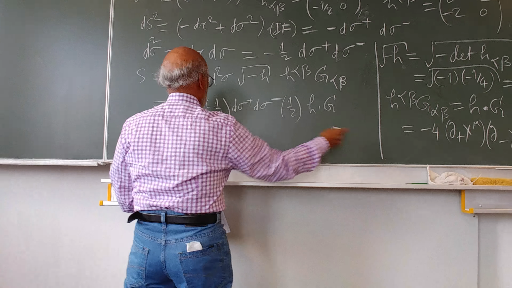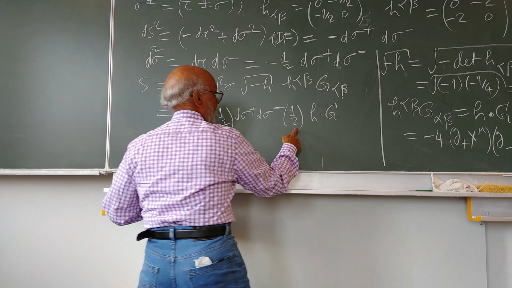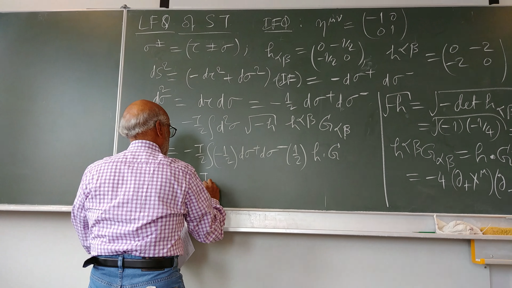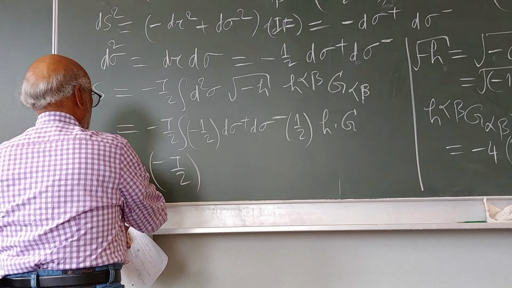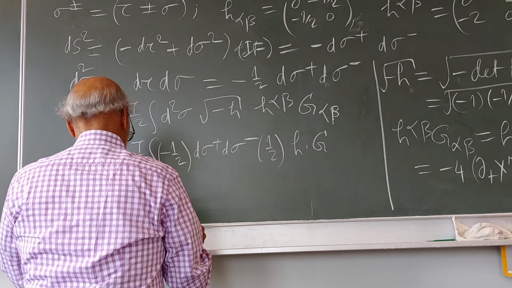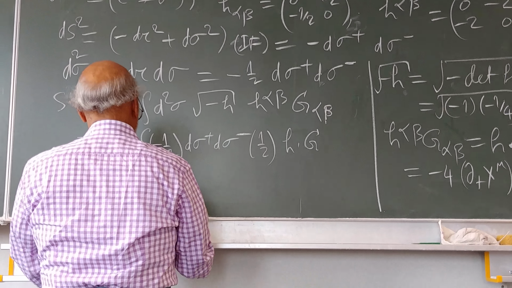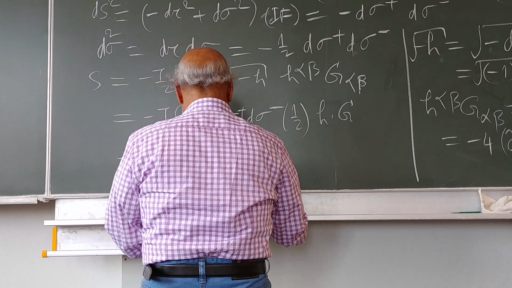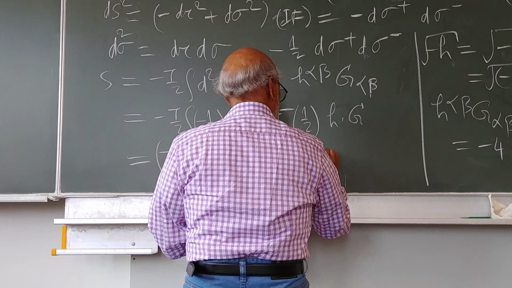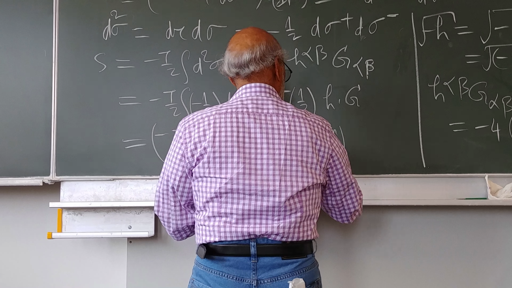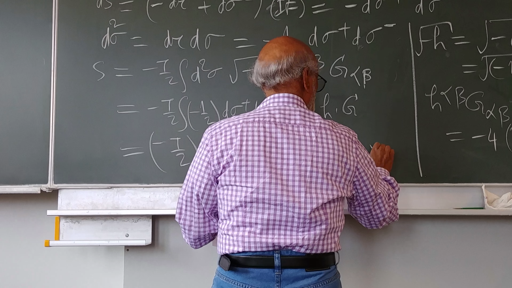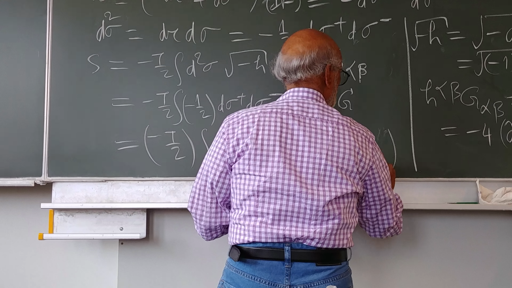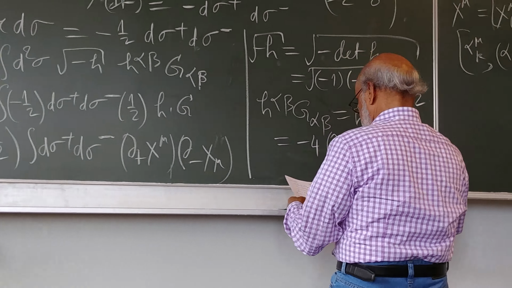So minus, plus 1/2 and 4 here, so this also goes away, so minus T by 2 would stay here, and integral d sigma plus d sigma minus and del plus x mu and del minus.